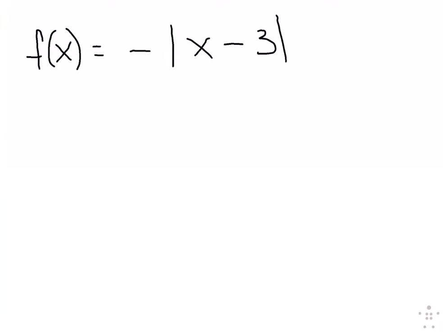Now, the next type, same directions. It's going to be sketch the graph and its parent. Actually, let me back that up. The directions for this one actually says this. Use a graphing calculator to sketch the graph and its parent and then describe the transformations that take place.